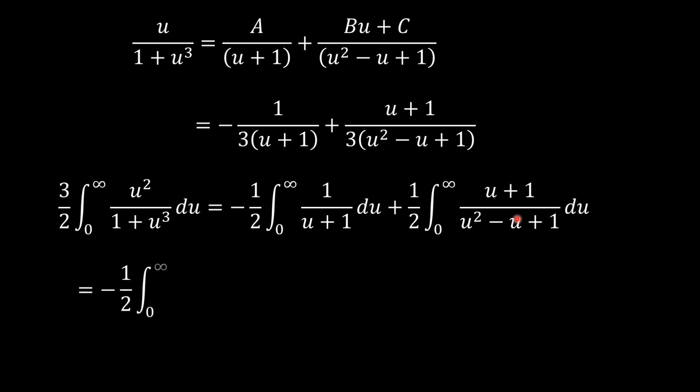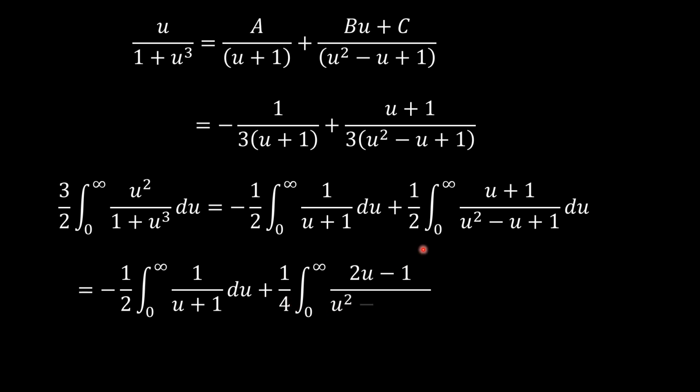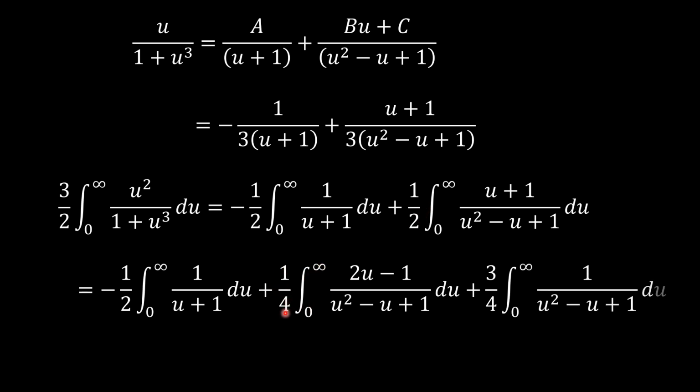And we can express the numerator as the derivative of the denominator, but we would have to do some rearrangement, right? So first we have to create a 2 here, and by that we have to put a half in, so half times a half is a quarter, and then there's this minus u, which when differentiated is negative 1, so we'll create negative 1 here, but because we have a positive half here, we have to have a 3/4 created here.